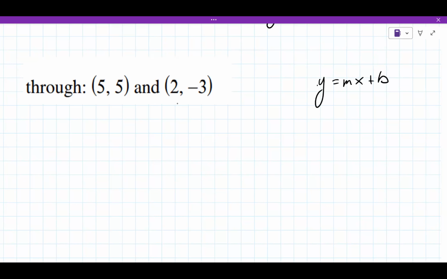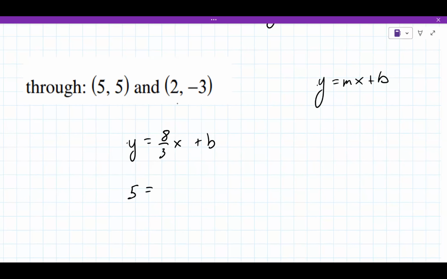B is negative 5. Not negative 5. So, Y equals 8/3 plus 5. It is not that either.